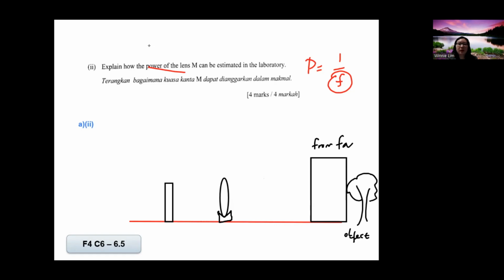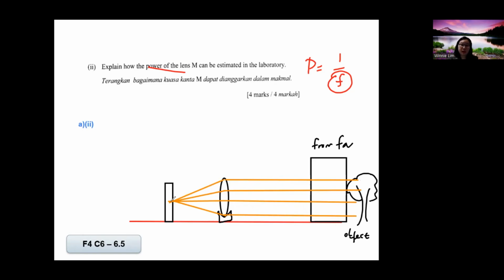The light from far away is parallel, and it will focus on the screen. So this is the focus point as well. You basically see an upside down tree, but it must be a clear or sharp image. Then you measure the distance from the lens to the image. So this is the focal length.